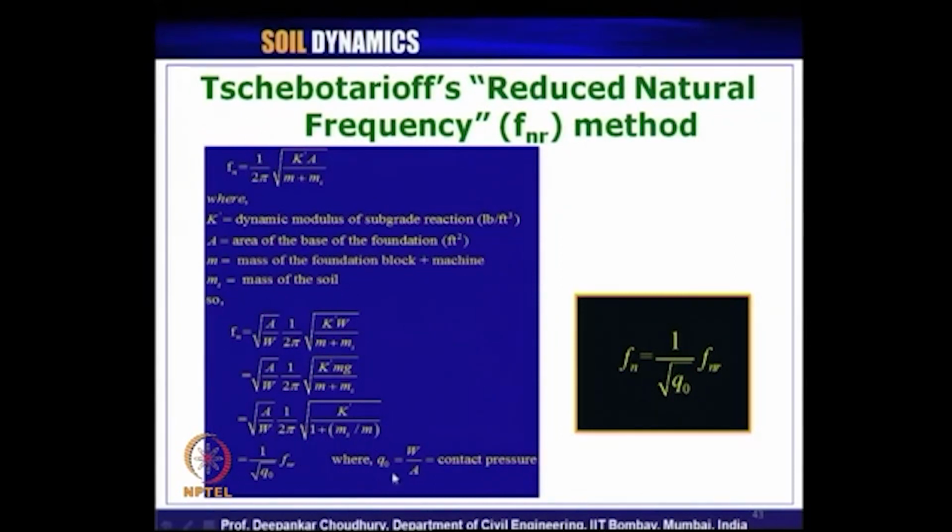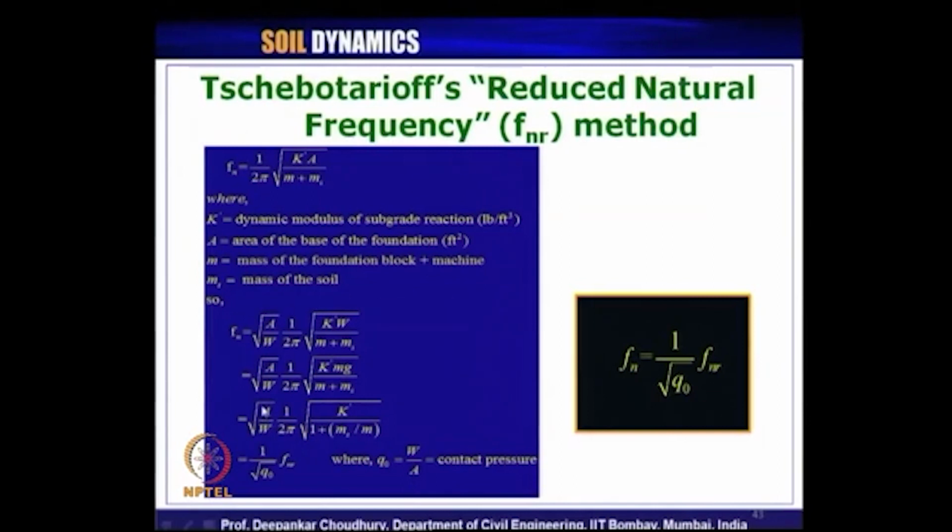Now, this W by A, that is weight of machine plus foundation divided by the base area of the foundation, is nothing but our contact pressure at the base of the foundation, right. That is denoted by q naught, as I have said just now in the previous slide while explaining this notation. This q naught is nothing but contact pressure between the foundation base and the soil, weight of the machine plus foundation divided by the area of the foundation.